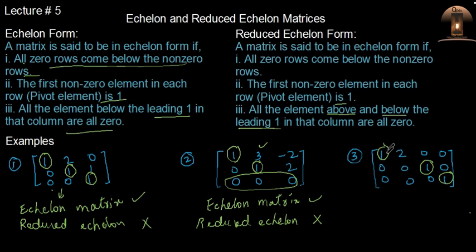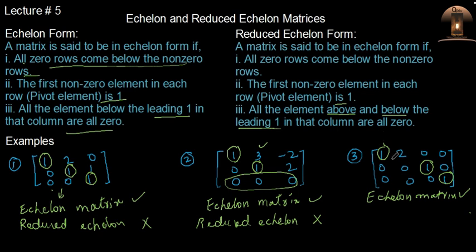Below the first one we have zeros, below the second one we have zeros, and similarly in the third row the leading element is 1 and below that there is no row. So this is the echelon form of the matrix.